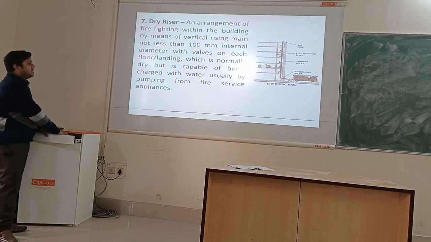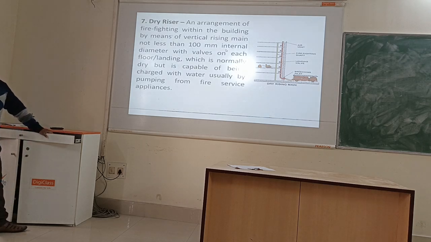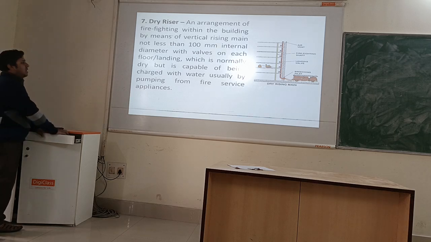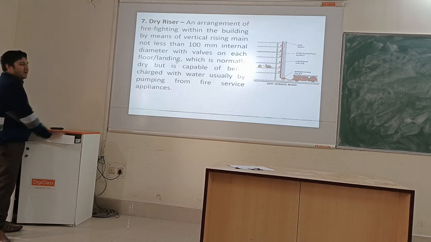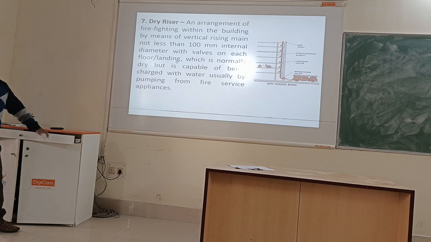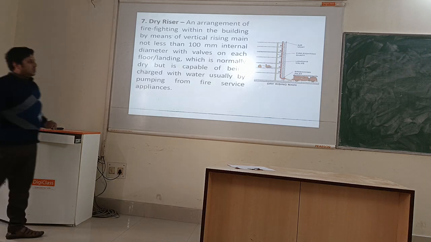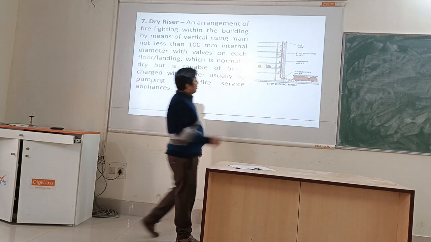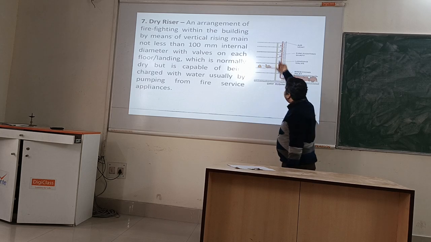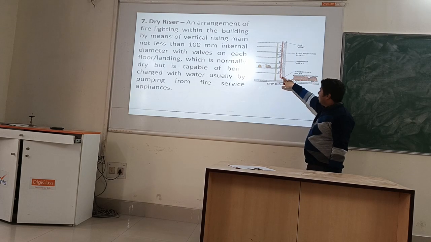The vertical piping should have an internal diameter of not less than 100 mm, and there should be a valve on each floor and landing to regulate the water. It must also be ensured that all the valves are closed.